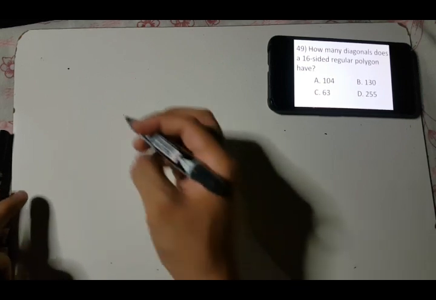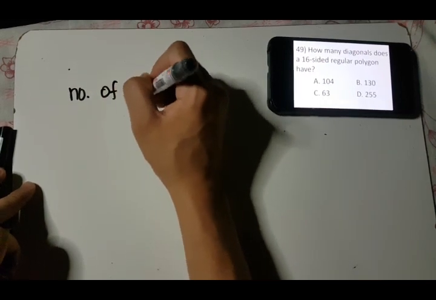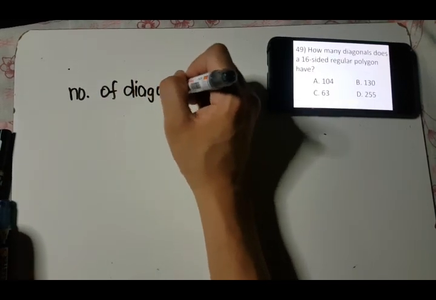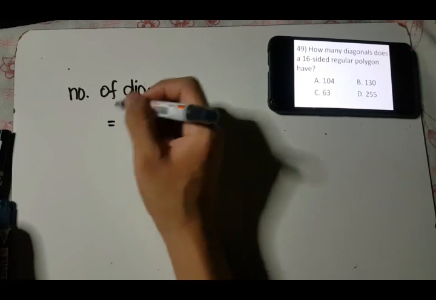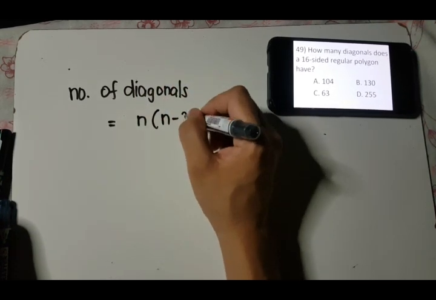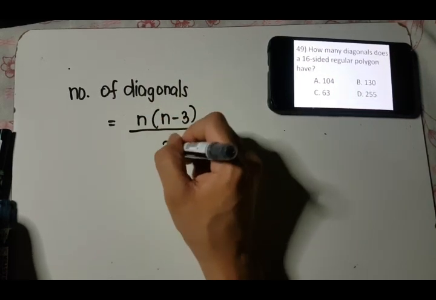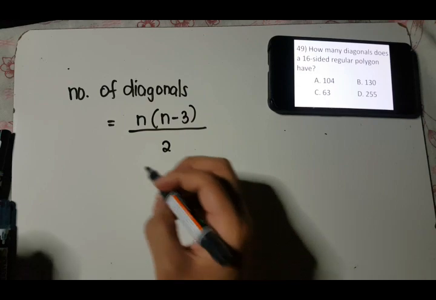Next, how many diagonals does a 16-sided regular polygon have? For the number of diagonals, just use this formula: n times (n minus 3) over 2. Tandaan nyo lang yung n dito is the number of sides given.